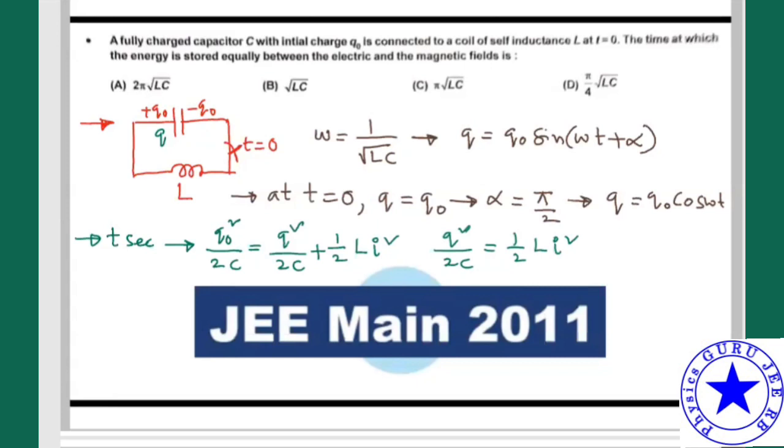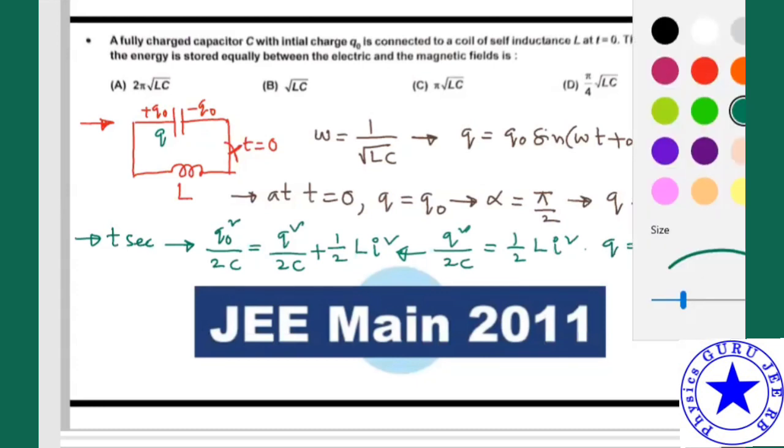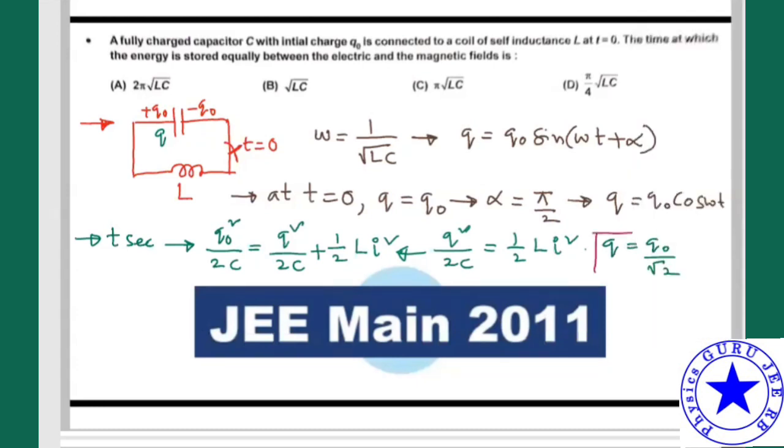So both should be equal. If I substitute this equation in this one, I get q equal to q naught by root 2.